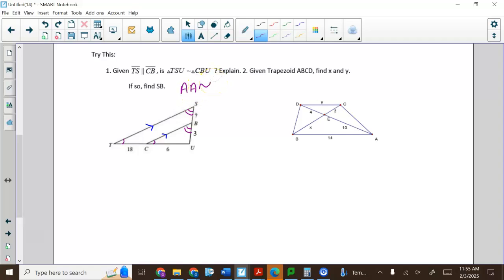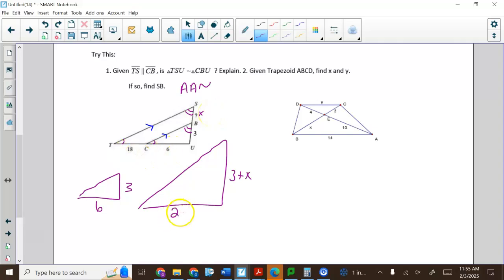So then what we can do is think of that small triangle whose sides are 3 and 6, and then we have that big triangle whose sides are 3 plus x. That's going to be what we're going to call x. And then the other side is 18 plus 6, which would be 24.